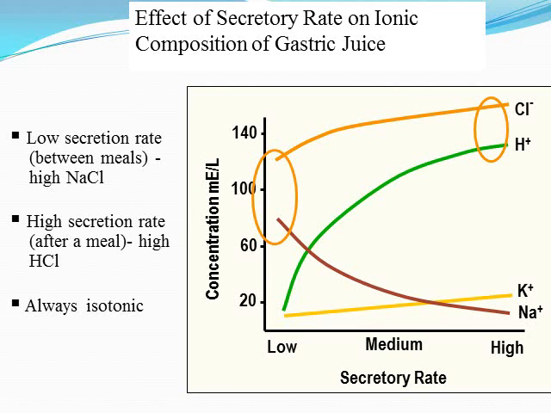And so we see changes at low secretory rate versus high secretory rate in the ions that are being exchanged to keep this isotonic nature. So we either have high sodium chloride or high HCl depending on whether secretion is occurring, and that again is to keep the cells from becoming hyper or hypotonic.